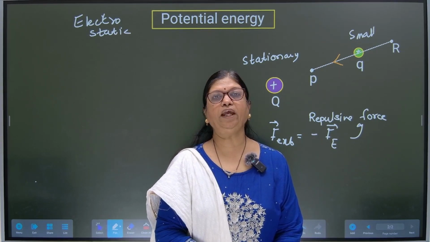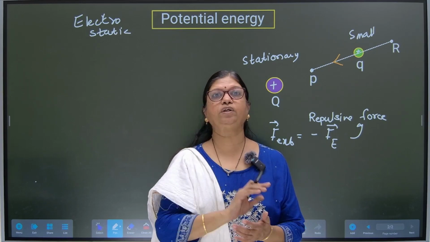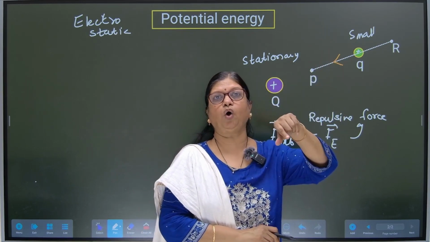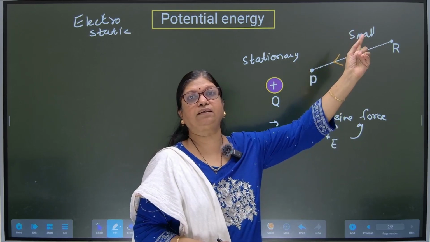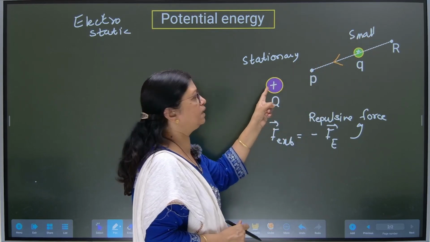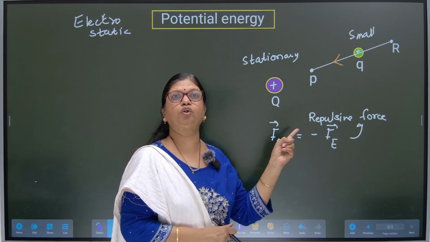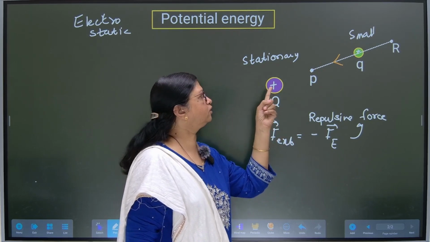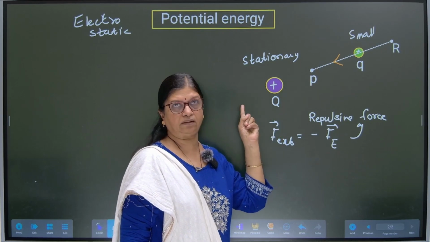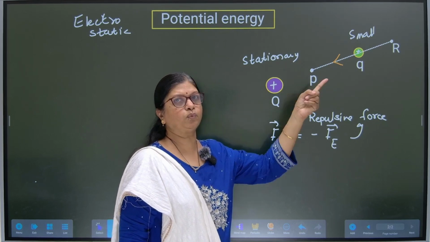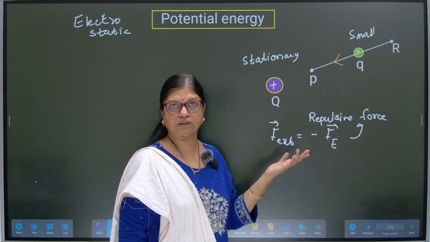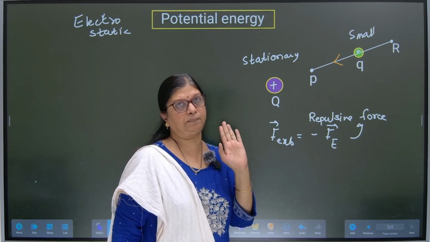Agreed? Okay? And one more thing which I have to remember, that this charge must be small so that its own electric field should not disturb the stationary position of this Q. Otherwise, this Q also will move this side or that side. Or it will repel. It won't move towards because it is positive, it will repel. And it will change its position. So these two things have to be kept in mind.